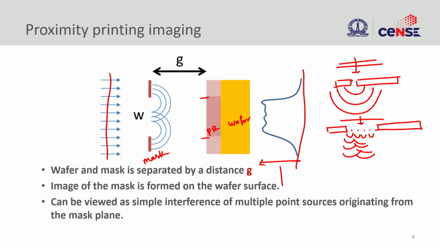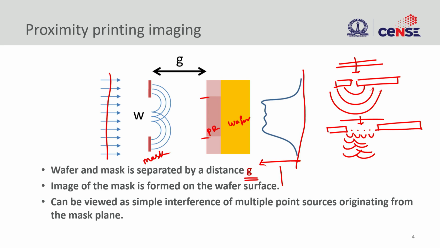As we already saw, upon illumination, this photoresist is going to chemically change and become soluble or insoluble based on the tone. As I mentioned, there is a distance between these two, and the image of this mask falls on this photoresist, so that whatever you have designed on your mask will be transferred onto this photoresist.